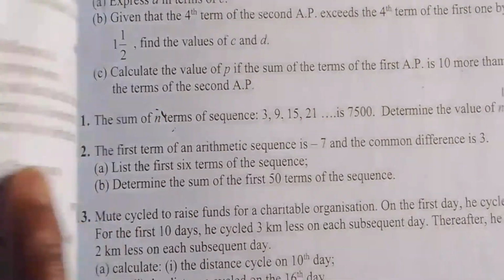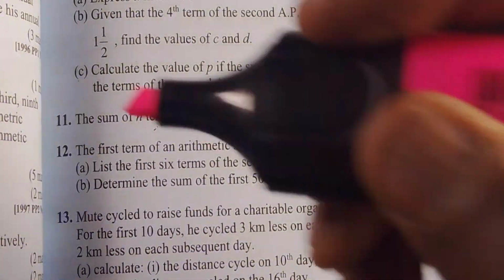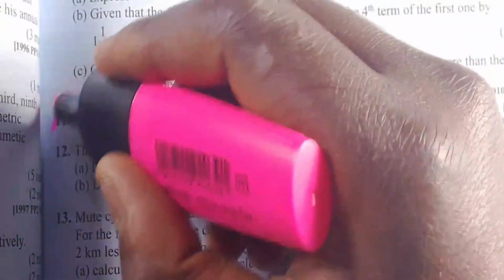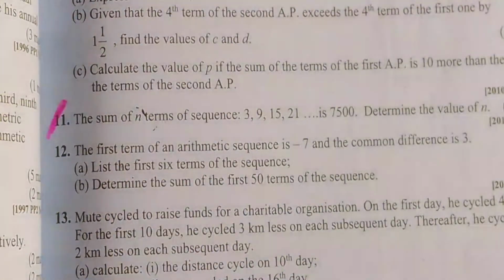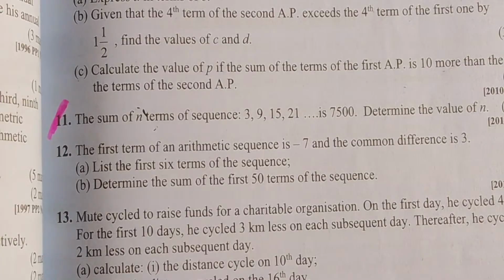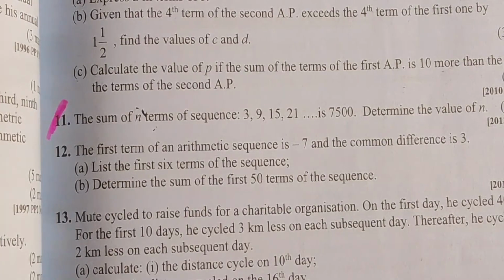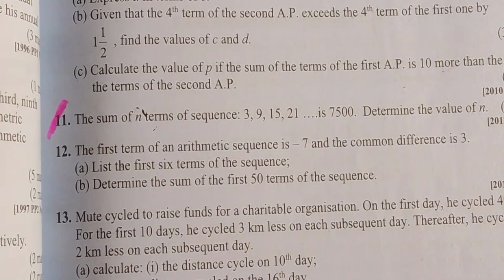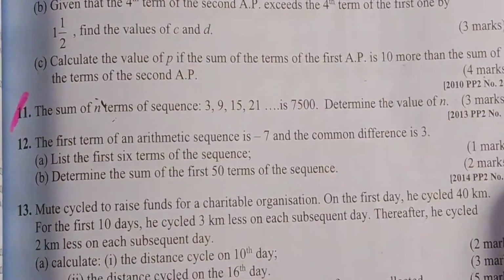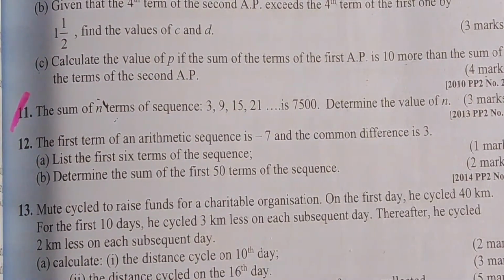Highlighter yangu iko wapi? Iko hapa. Swali ni hili. The sum of n terms of a sequence 3, 9, 15, 21 is 7500. Determine the value of n. Tushaandika hilo. Na hilo swali liko na marks 3. 2013.